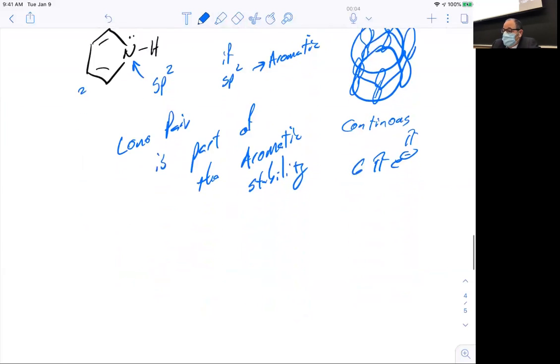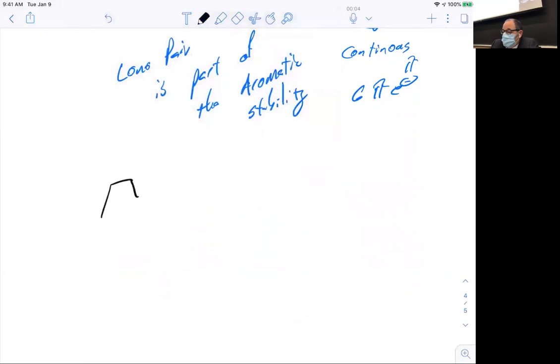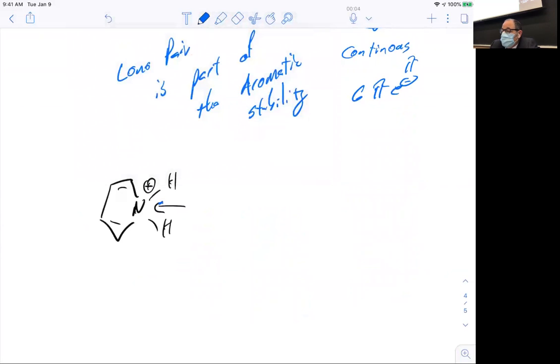So if we look at the protonated form, now I have no lone pair. That nitrogen now has no choice. It's going to be sp3. And so this is non-aromatic.